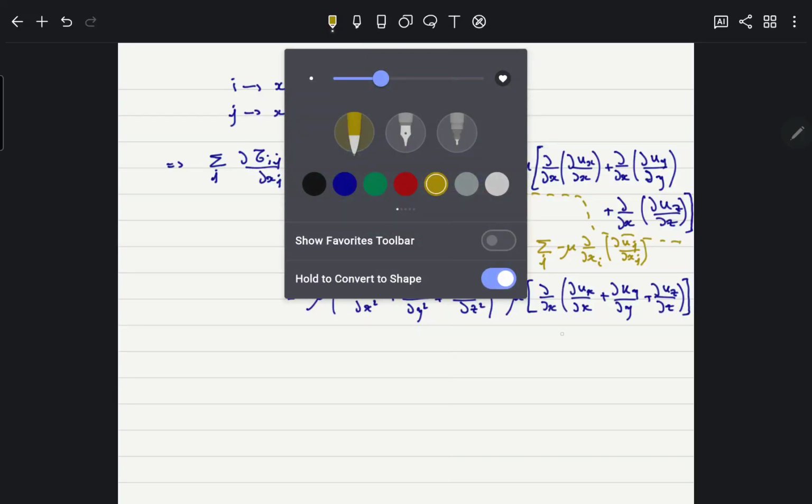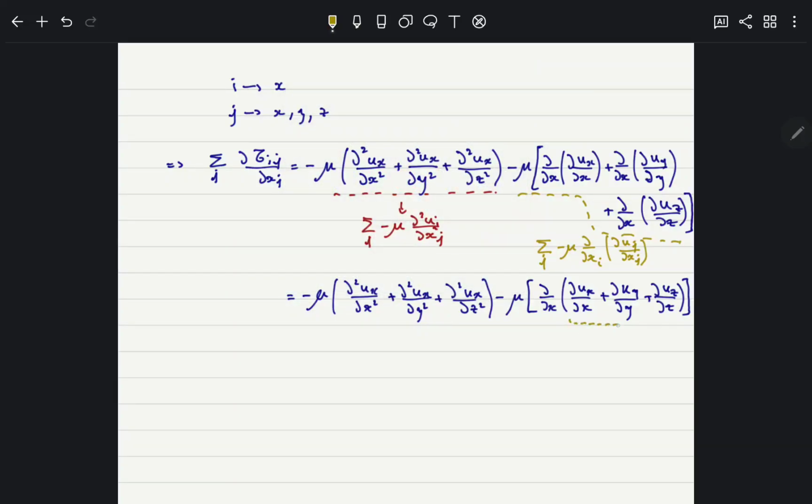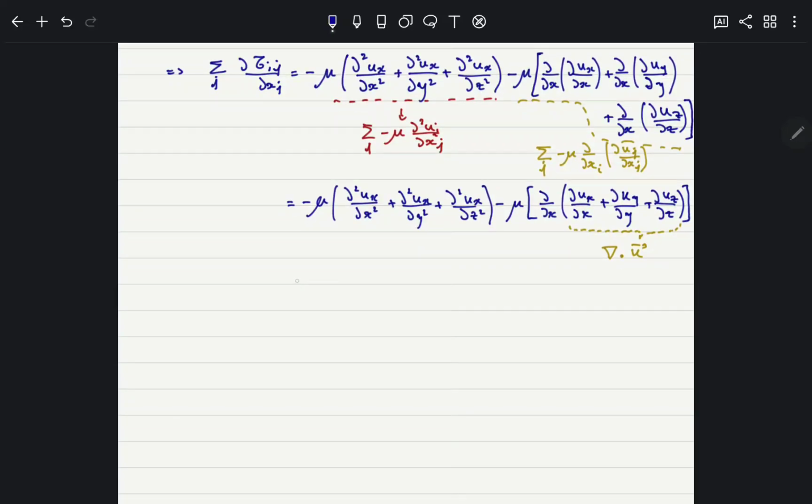And this term here is nothing but the divergence of the velocity. Okay, and you know that you have an incompressible fluid, because that's our initial assumption.